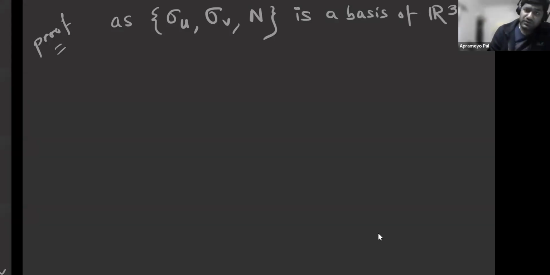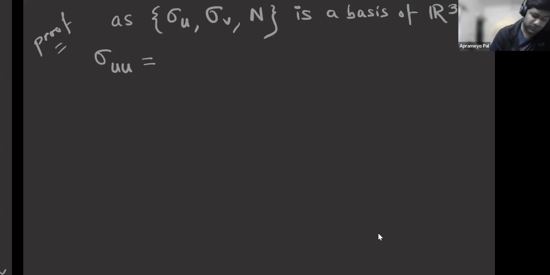Since this is a basis, there exist scalars such that sigma uu is a scalar combination of these three. It's simple linear algebra actually.